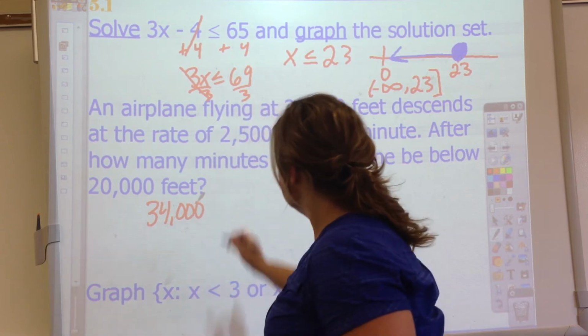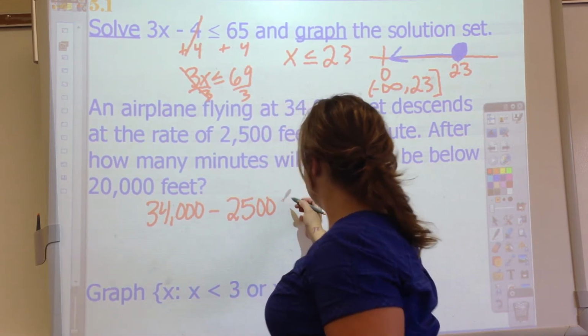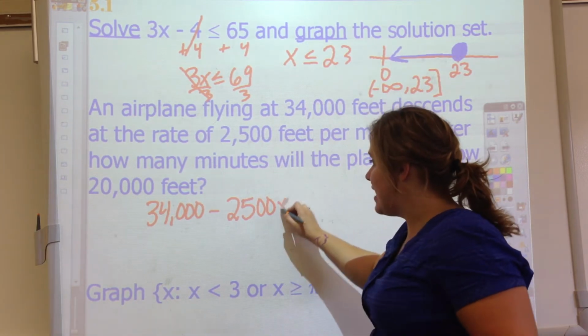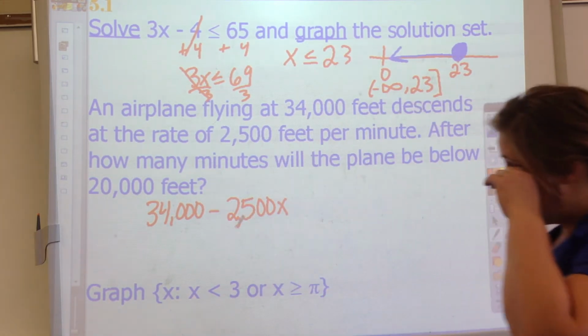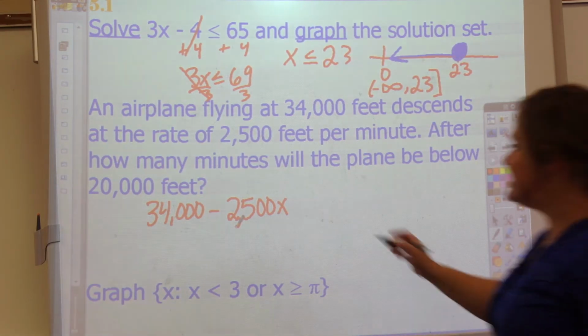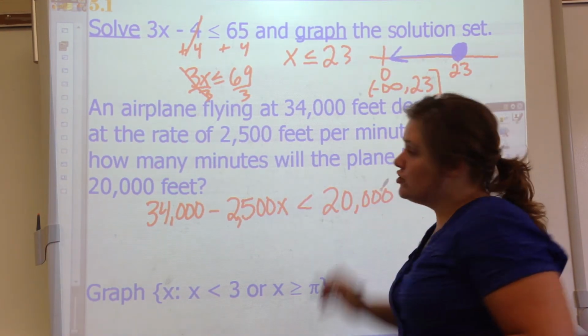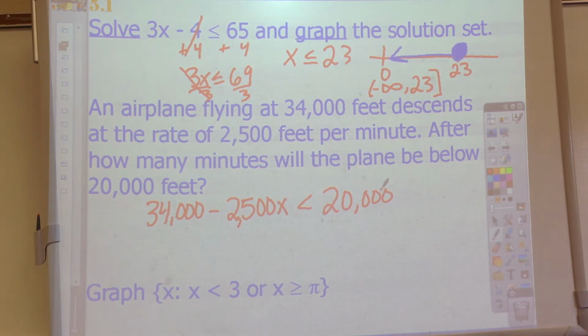I'm descending, so I'm going to subtract from that this 2,500 feet per minute, or per x. And I don't care if you use x or m in this case. And we want to know when that value is below or less than 20,000 feet. Here, do I have equality? Is it equal to it? No, it's just less than that, or below that value.